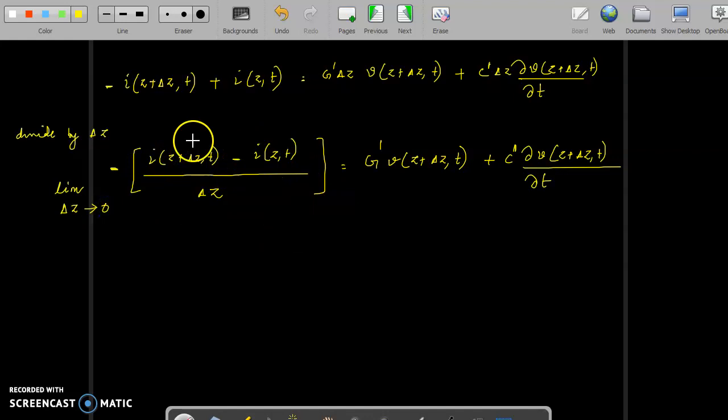So what is this? The change in current upon a small change in length.